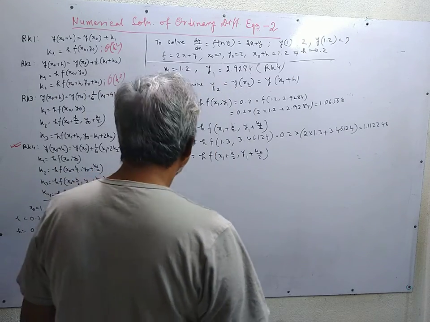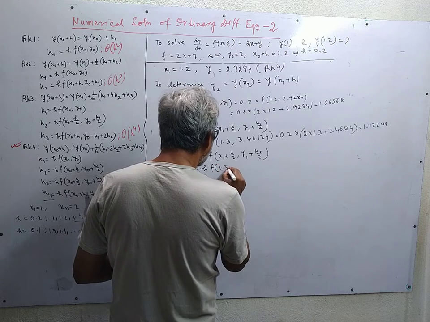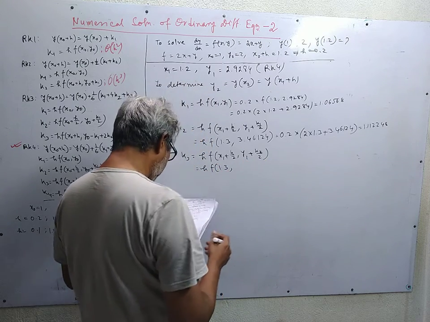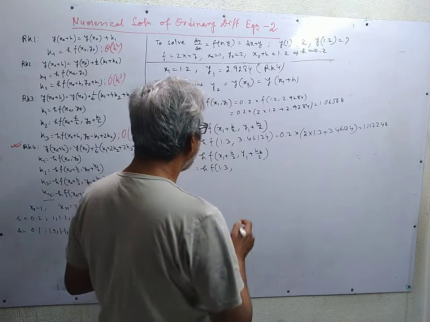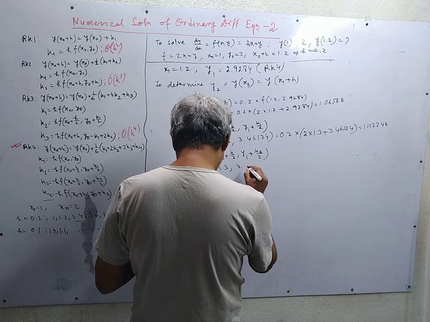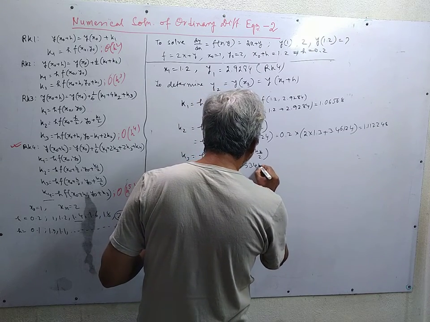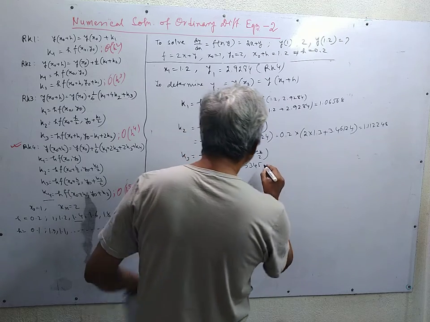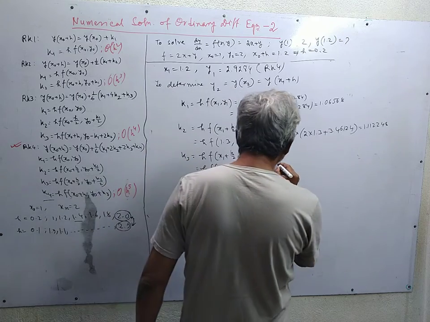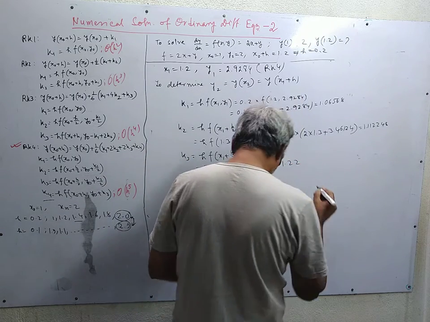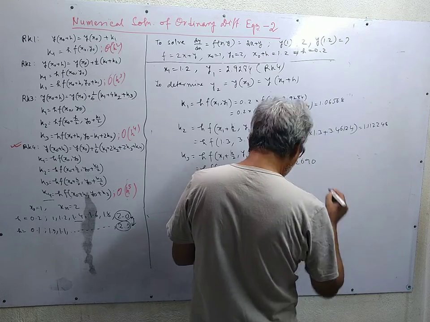So this is again h times f of 1.3 and this part is 3.5345534524, and on utilizing this we get 1.22.